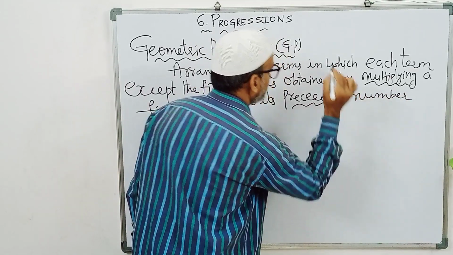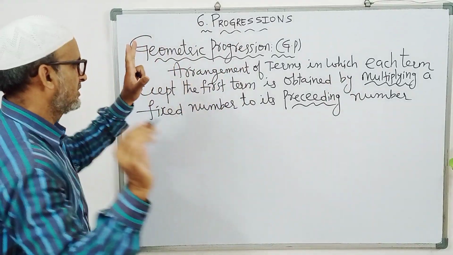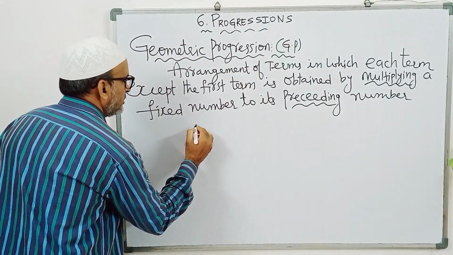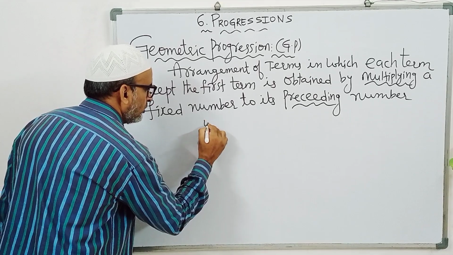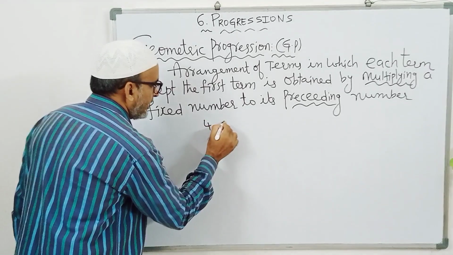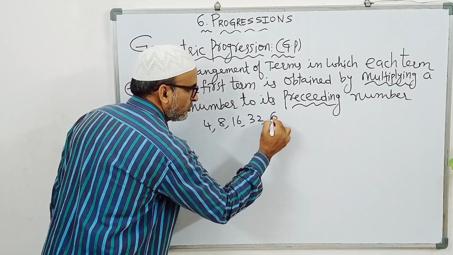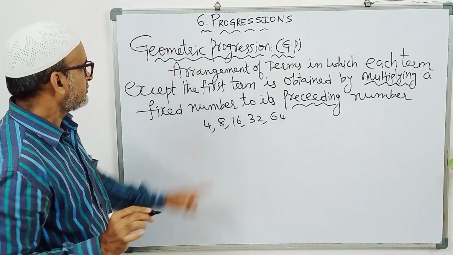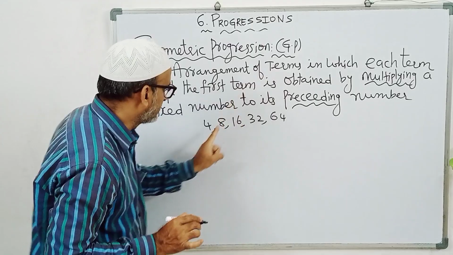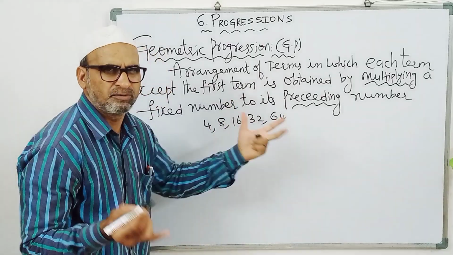Simple. Preceding number. Now I will take one example. Suppose 4, 8, 16, 32, 64. This is one example. Arrangement of terms. These are the terms, numbers.